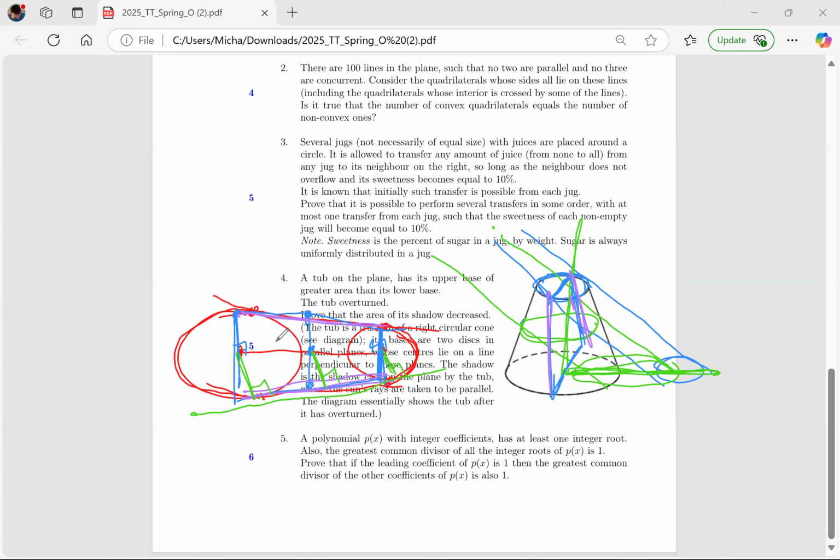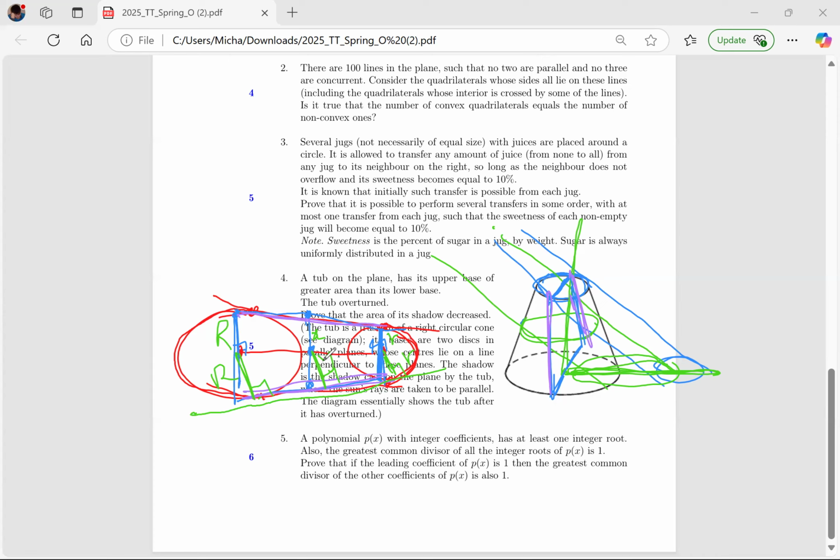So we want to show that if this is little r, this is little r, this is big R, and this is big R, and this is x and this is y, then x equals y, and then it's a tangent as well.